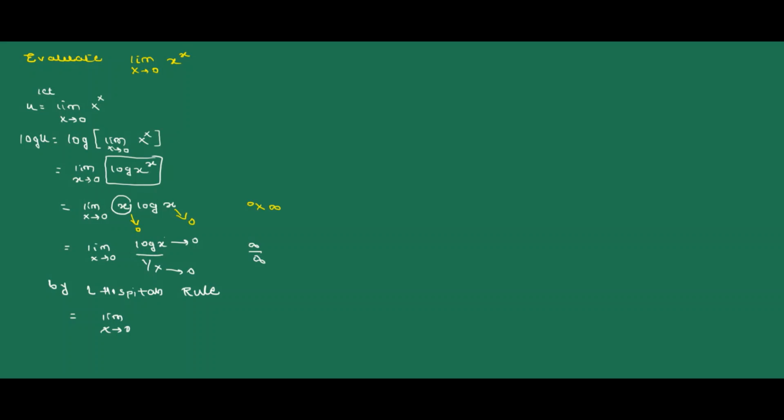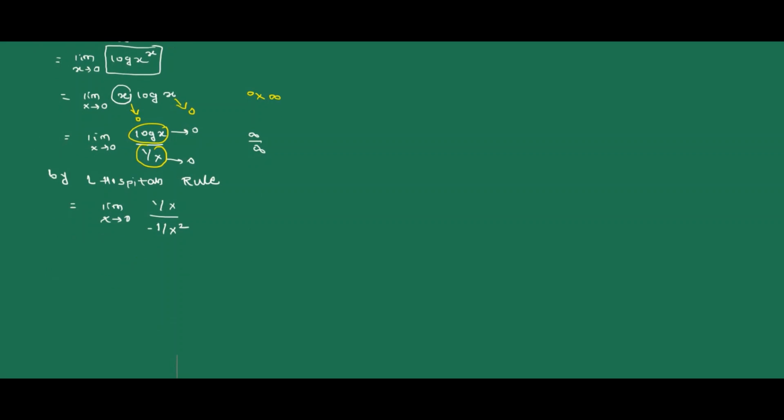What is differentiation of log x? Differentiation of log x is 1 divided by x, divided by, what is differentiation of denominator 1 by x? Differentiation of denominator 1 by x is minus 1 divided by x square. If you simplify this, left hand side we have log u, and this is equal to limit x tends to 0, one of the x gets cancelled.